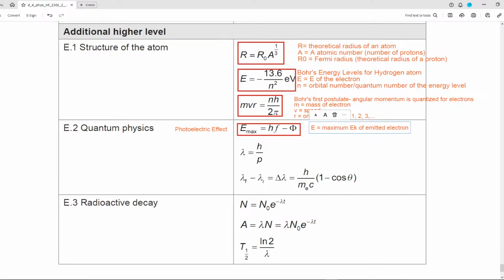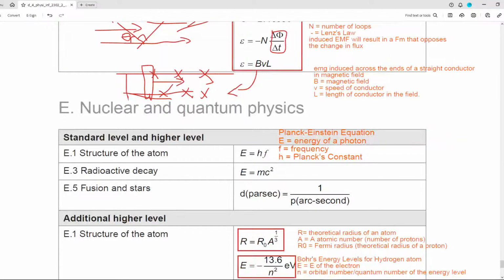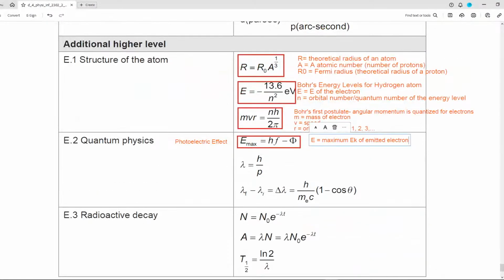But if the frequency is high enough, you get electrons right away, and the kinetic energy is proportional to the frequency. That's what hf is, the energy of the photon, as we saw above. The phi at the end, big phi, is the work function, the minimum energy you need to get the electron shot off.